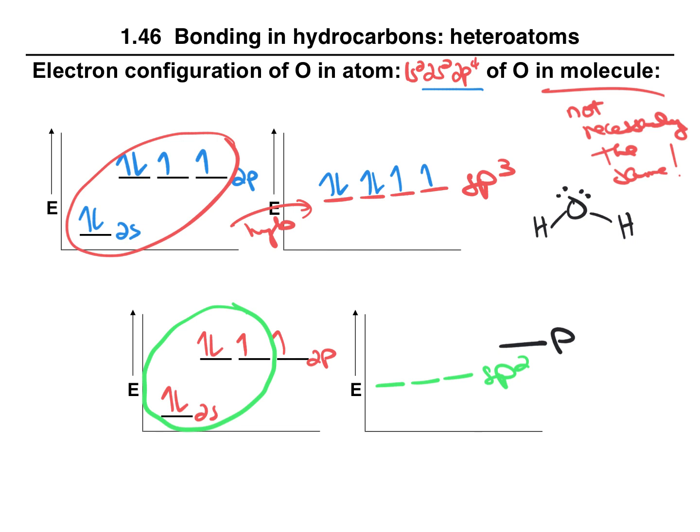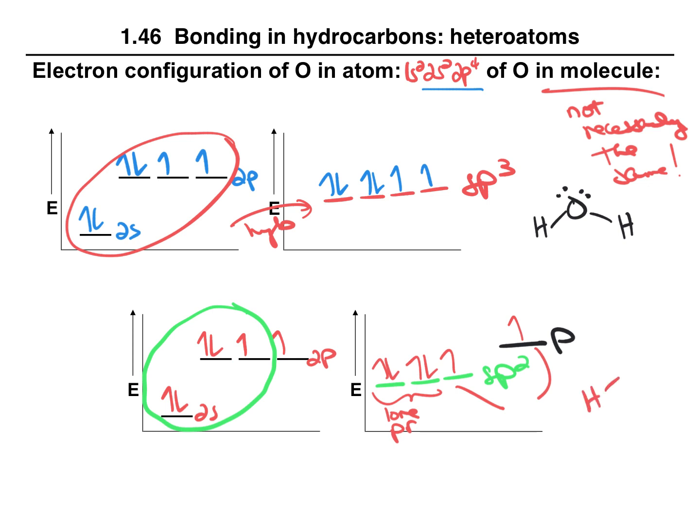Fill in our electrons, and we have 1, 2, 3, 4, 5, and 6. So here we have our lone pairs. Here we have a half-filled orbital that can form a sigma bond, and here we have a half-filled p orbital that can form a pi bond.